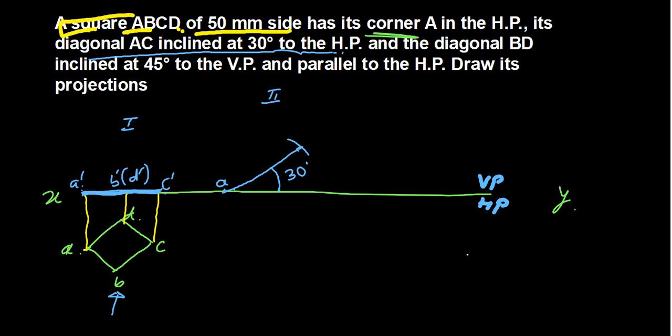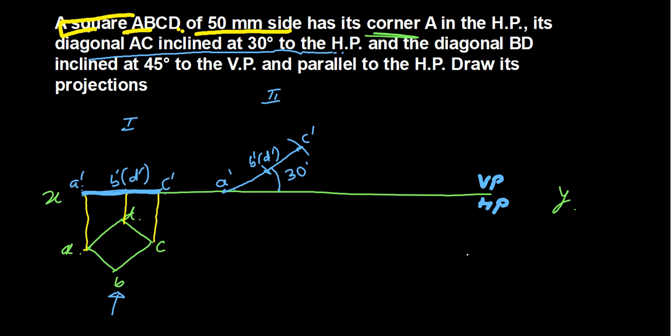Now let us say points will be here A dash and C dash, and at the middle, whatever the distance from A to B, same distance you mark on the line A dash C dash. So that one is the B dash and D dash is the middle one.